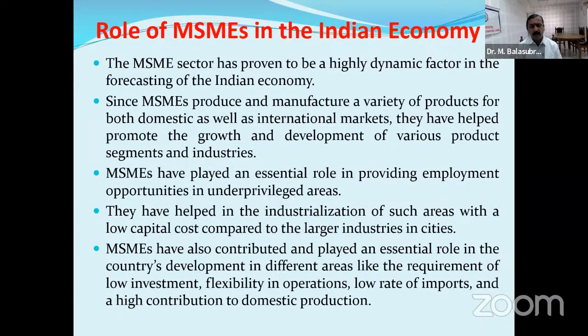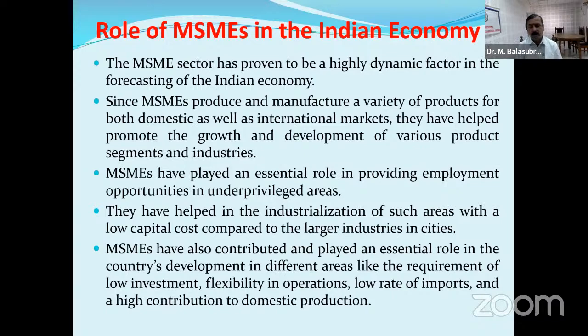They have also helped in the industrialization of such areas with a low capital cost compared to the larger industries in cities. So larger industries are located in the cities with the airport and harbor and other facilities, whereas these MSME can be in the remote places.